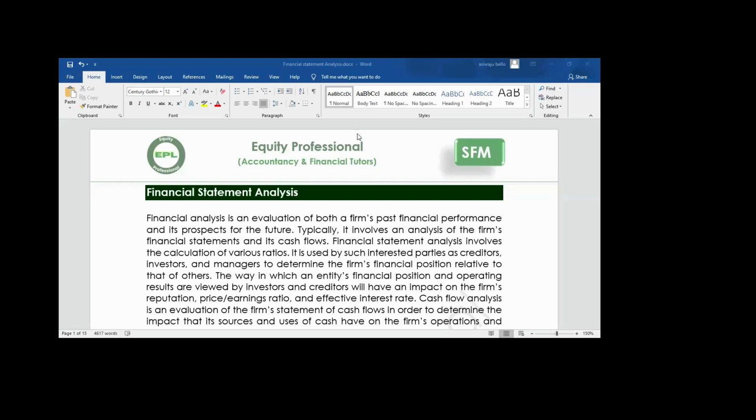We said financial analysis is the evaluation of a company's financial statement. Why are we doing this? With a view to determine the company's past financial performance. Also, to assess the company's future financial prospects.